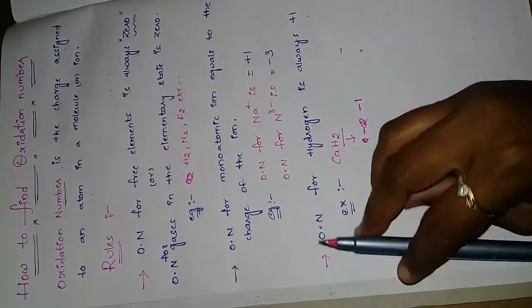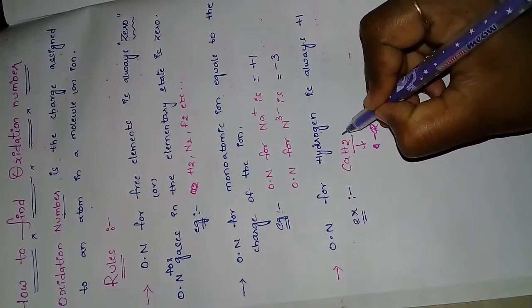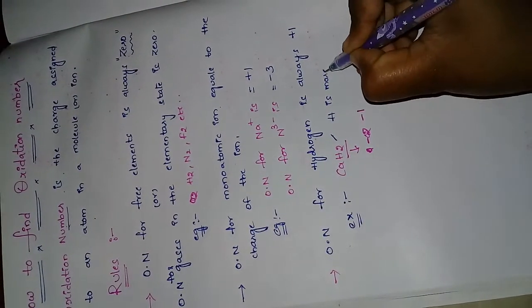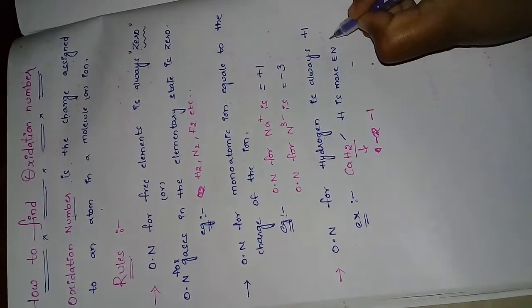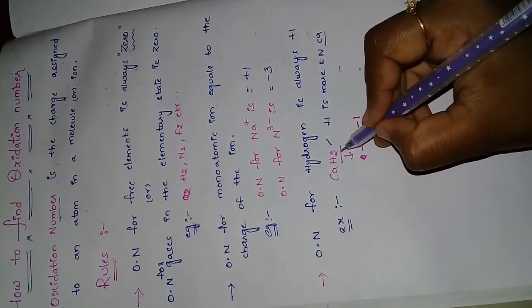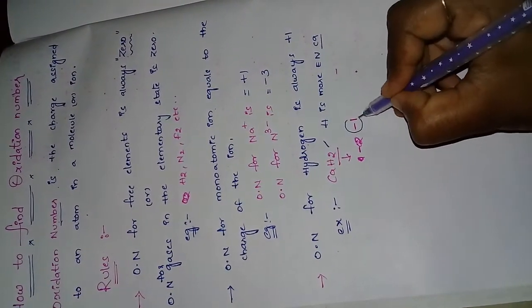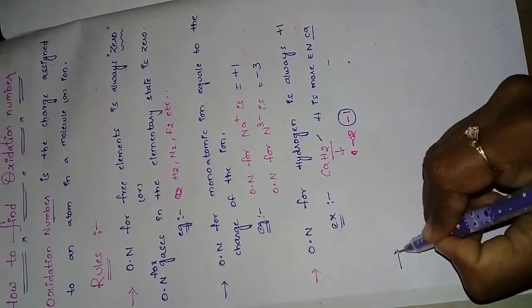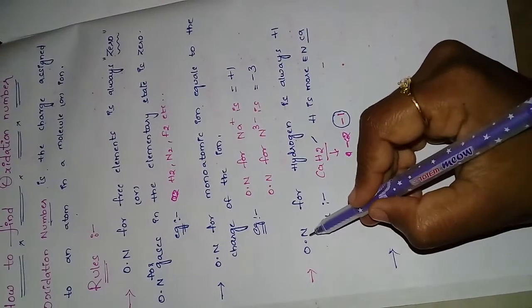Why? Because in this CaH2, hydrogen is more electronegative than calcium, so in this compound hydrogen oxidation number is -1. What is the third rule?